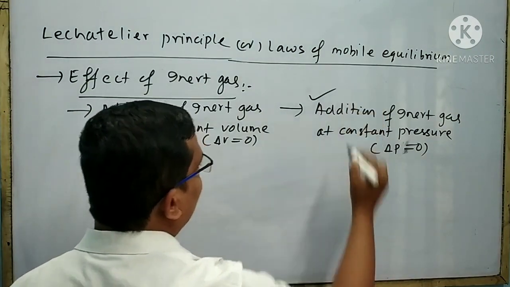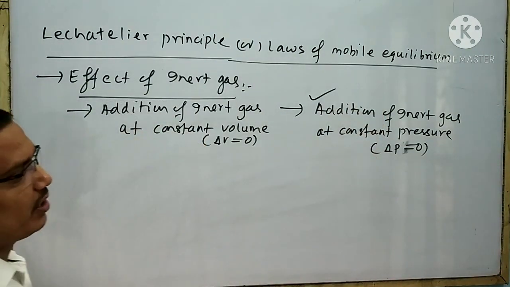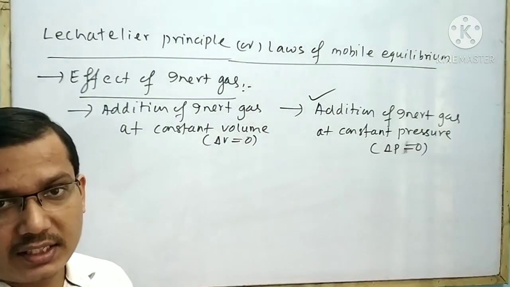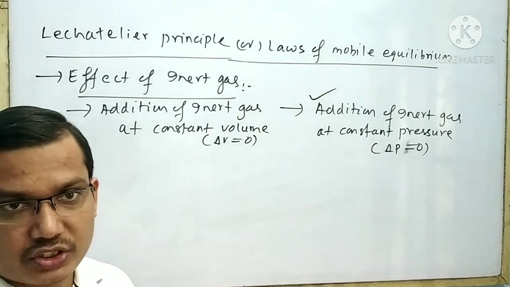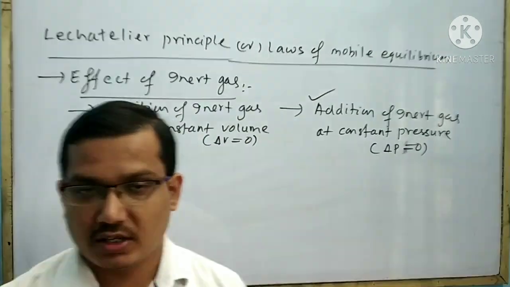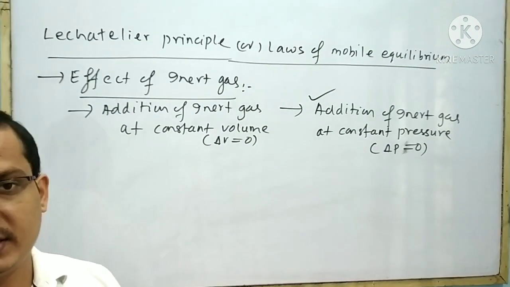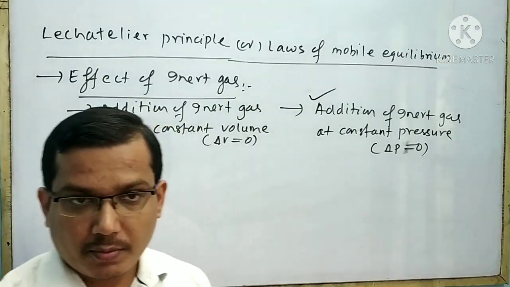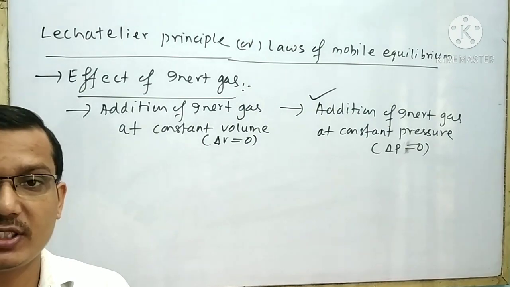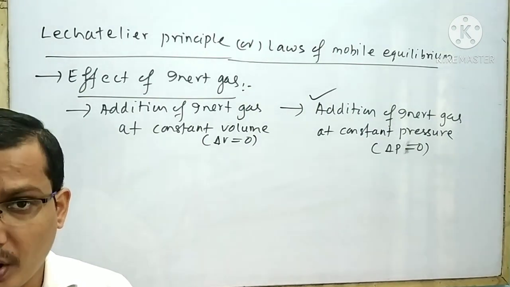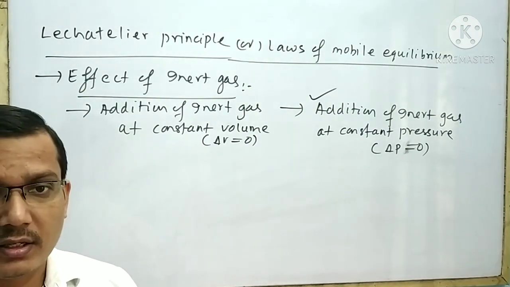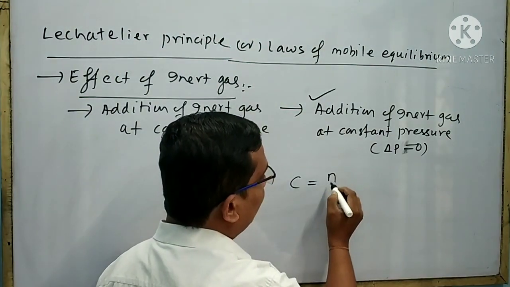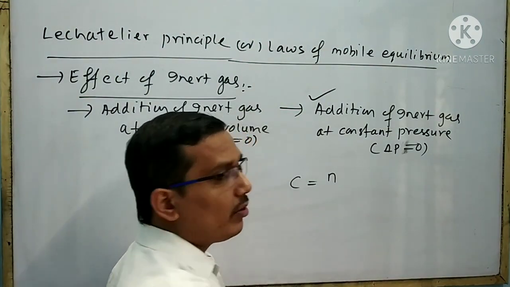Next, I want to think about the addition of inert gas at constant pressure. When an inert gas is added to the equilibrium system at constant pressure, then the volume will increase. As a result, the number of moles per unit volume of various reactants and products will decrease, because the concentration depends upon the number of moles and volume.